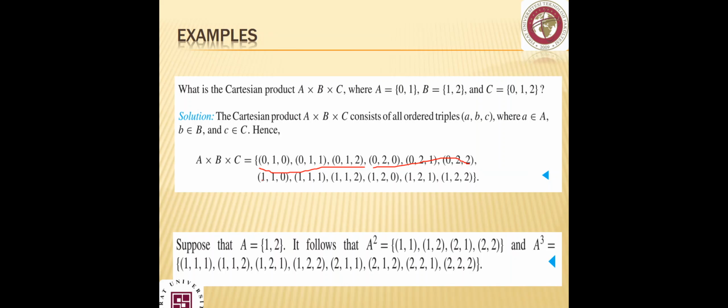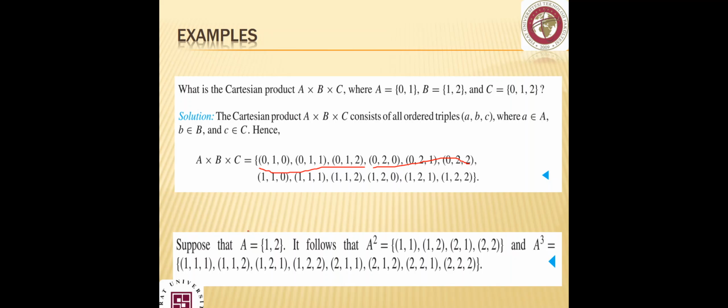All right, you can go again with the same concept and you get all these triples. Means what? From A to B, from B to C, all the possibilities. All right, if you feel a bit confused, get the ordered pairs from A to B first. It's easy: 0, 1, 0, 2, then 1, 1, 1, 2. Then get the 3-tuples from A times B to C. All right.